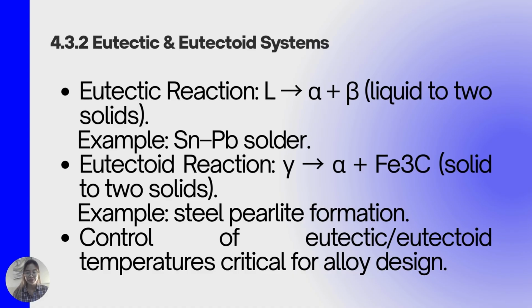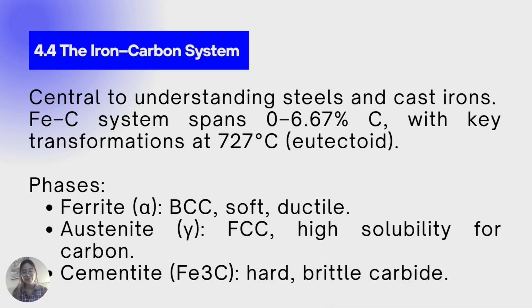Now that we understand the eutectic reaction, let's examine the most important metallurgical system, the iron-carbon system. The iron-carbon phase diagram is the most essential in metallurgy, describing how iron and carbon combine to form steels and cast irons.